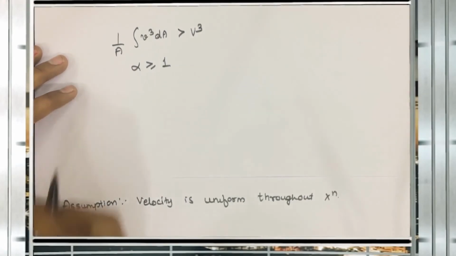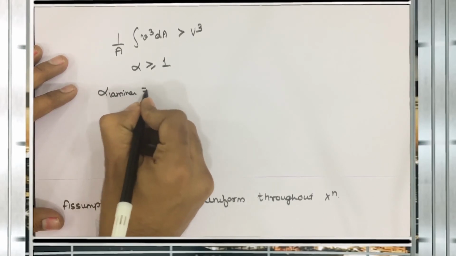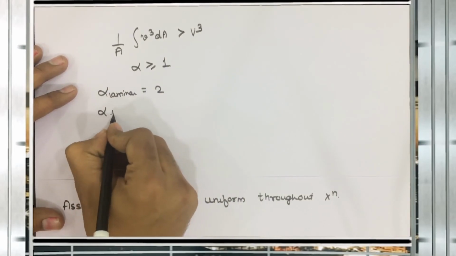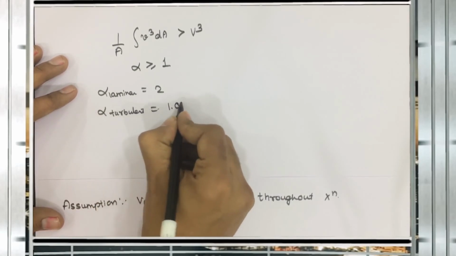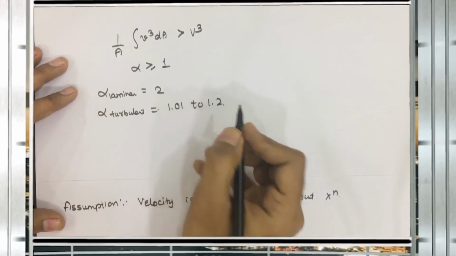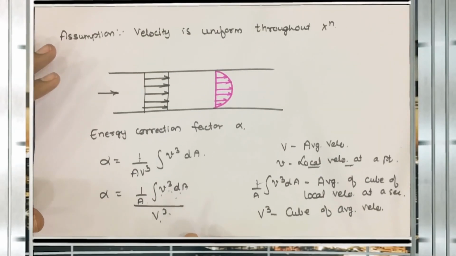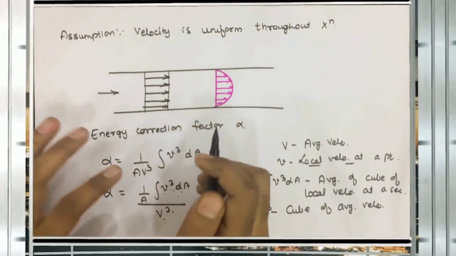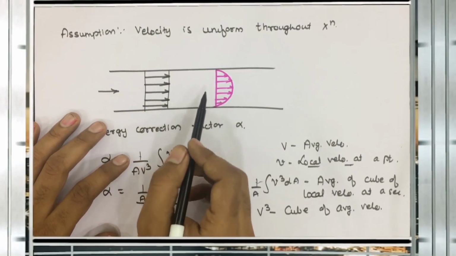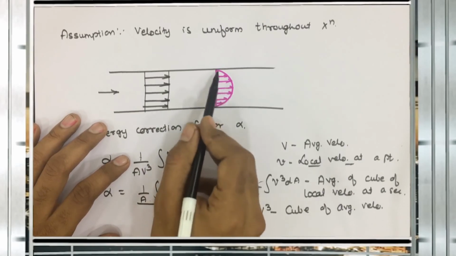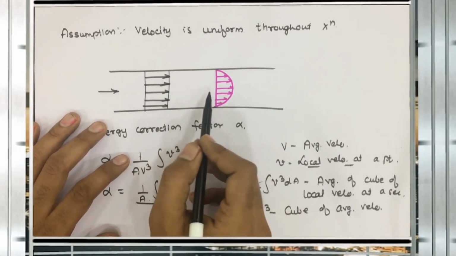Now for laminar flow, alpha is equal to 2, and for turbulent flow, alpha lies between 1.01 and 1.2. Now why so? For laminar flow, the flow velocity is slow, and if the flow velocity is slow, it is more likely to follow this curve. The velocity will be non-uniform throughout the section if the flow is slow.